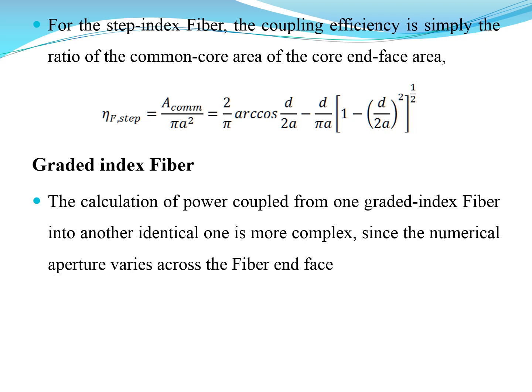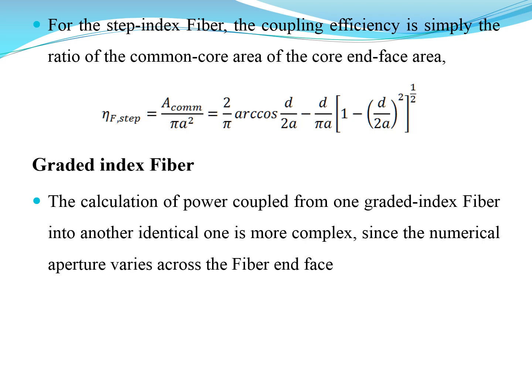Eta represents the coupling efficiency of the fiber, and the type of fiber is step index. So A common by pi a square is equal to 2 by pi into cos inverse of d by 2a minus d by pi a into (1 minus (d by 2a) the whole square) to the power half. So this is the coupling efficiency for a step index fiber.